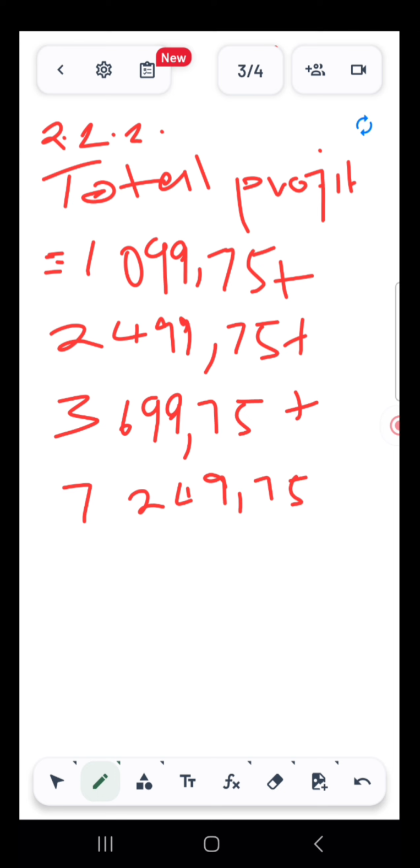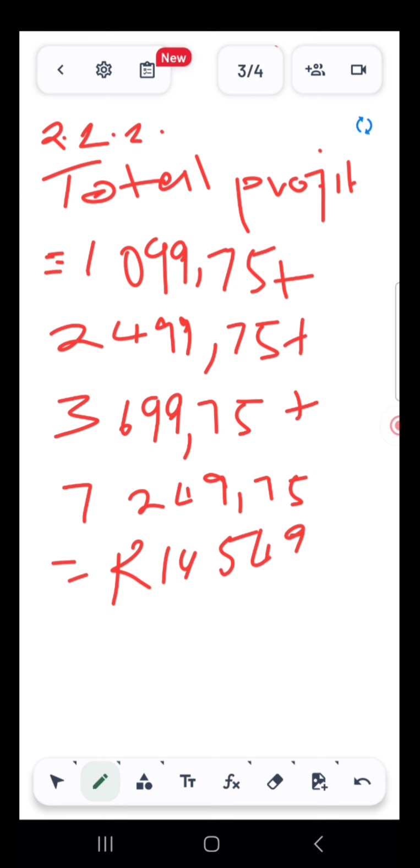So we want the total profit for the 4 phones, and that's what the question is saying. Calculate the total profit for the 4 phones, which will be equals to 14,549.